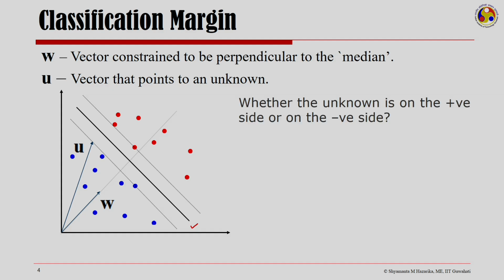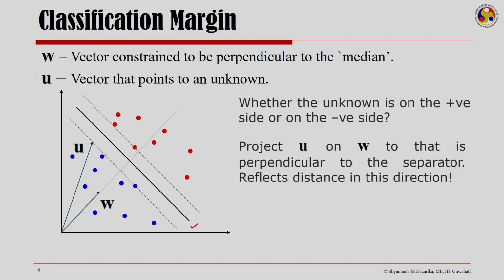Whether the unknown is on the positive side or on the negative side, how does one make that conclusion? In order to look at that, we project the unknown vector u onto W, which is the vector constrained to be perpendicular to the median.